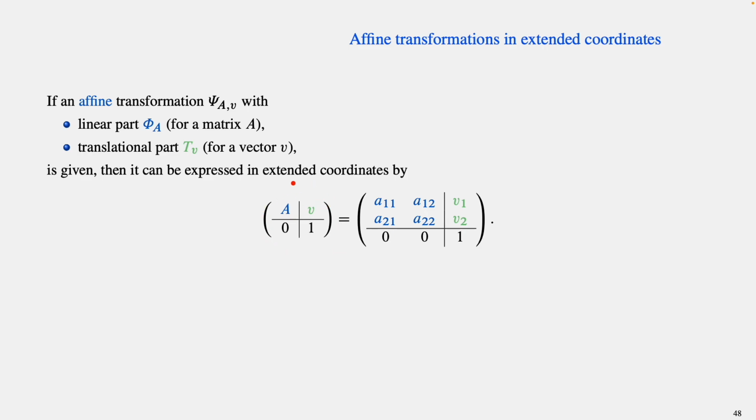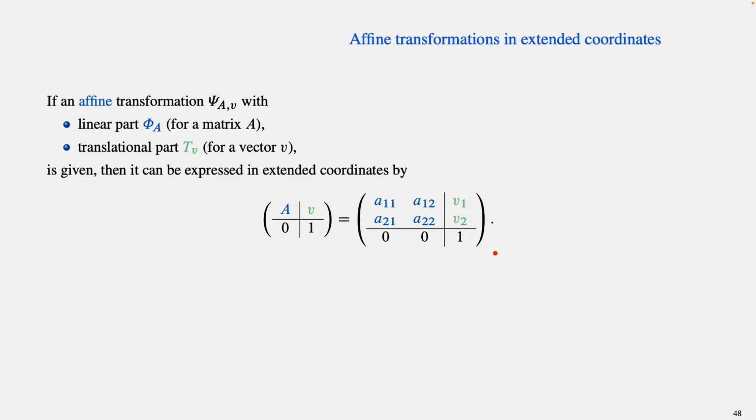Here we use a bit of a shorthand notation. We put the 2 by 2 matrix A in the upper left block. Then we have the extended coordinates for the translation vector v, and we fill up with zeros. And this 0 here, if we write it explicitly in all the coordinates, represents these two zeros here. Here we have the 4 coefficients of the 2 by 2 matrix A, and here explicitly the extended coordinates for the translation vector v.